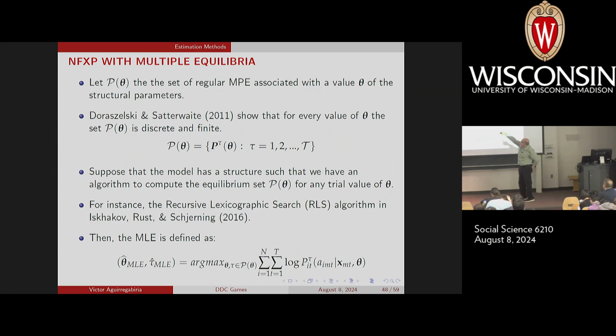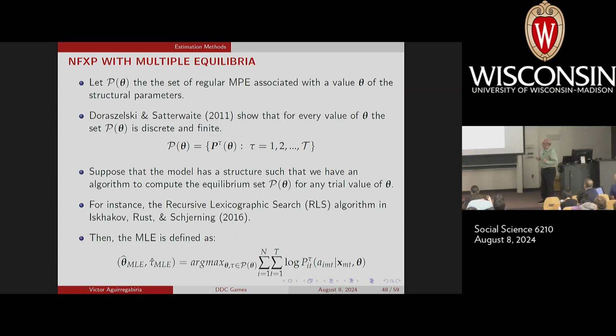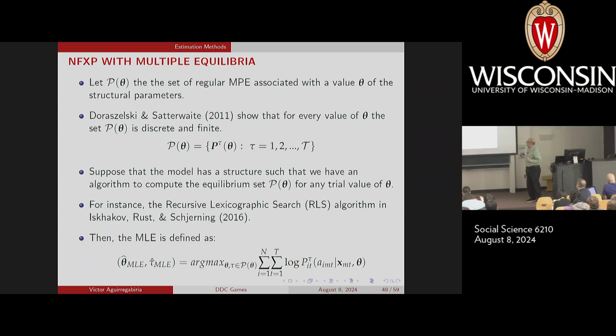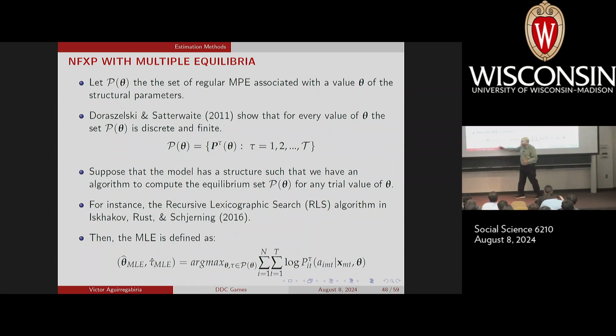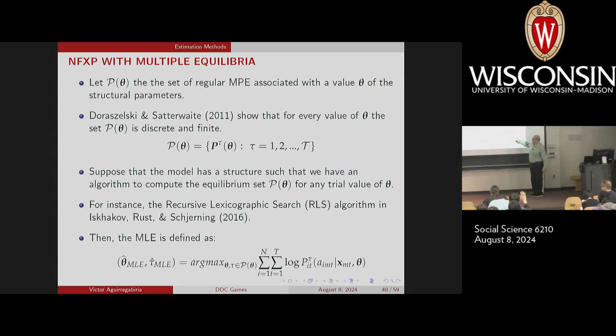Then calligraphic P represents the set of equilibria that we have for a value of the structural parameters. And each of these P tau represents one equilibrium vector of choice probabilities, okay? Then here, the maximum likelihood estimator can be defined as a value of theta and tau that maximize this likelihood function. This likelihood function depends on theta, but given theta, it depends on the type of equilibria that we have.